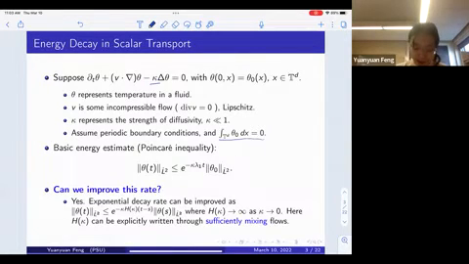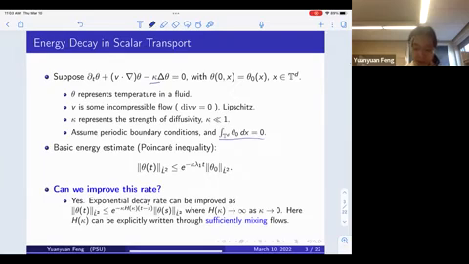Through a basic energy estimate, by using the Poincaré inequality, we have the L2 norm of theta decays at a rate of e raised to negative kappa times lambda 1 times t, times the initial L2 norm. Here, lambda 1 is the principal eigenvalue, which is a strictly positive constant.